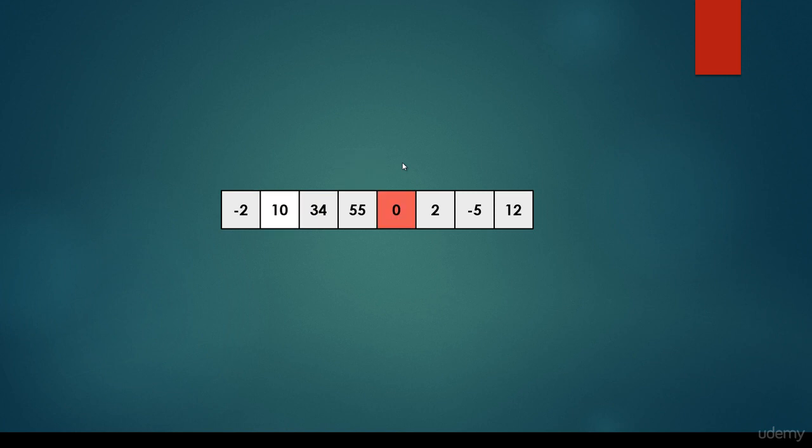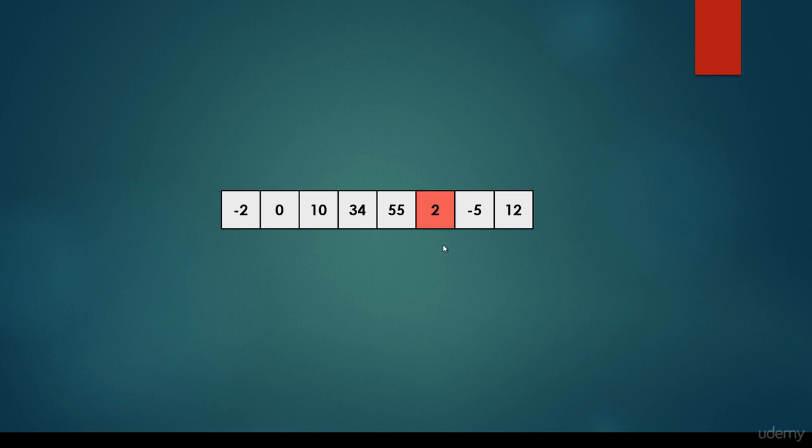Okay, what about 0? 55 is greater than 0. Yeah, we shift it. As you can see, there's going to be lots of shifts. This 55 has been shifted from the beginning. Okay, 34 is greater than 0. Yeah, we shift it. 10 is greater than 0. Yeah, we shift it. And -2 is greater than 0? No, it's going to be just fine.